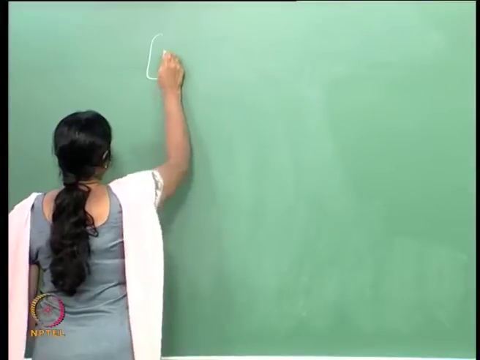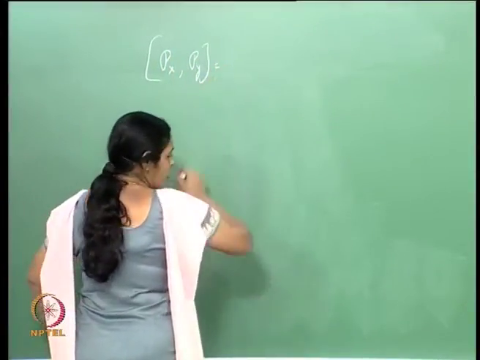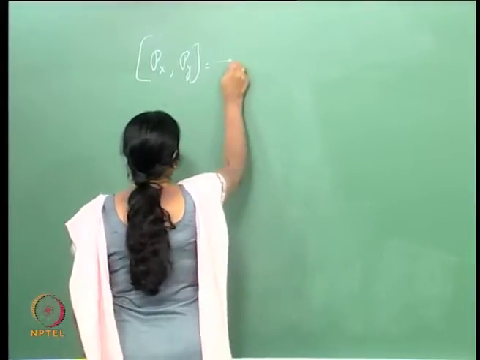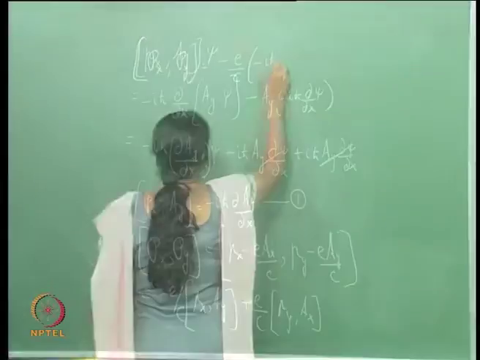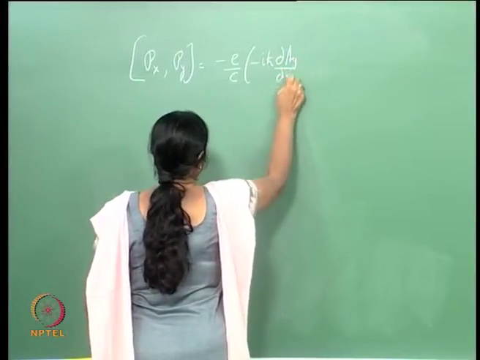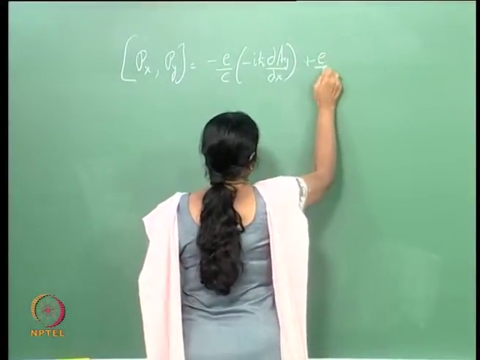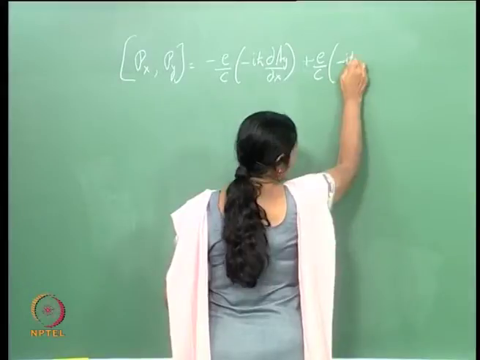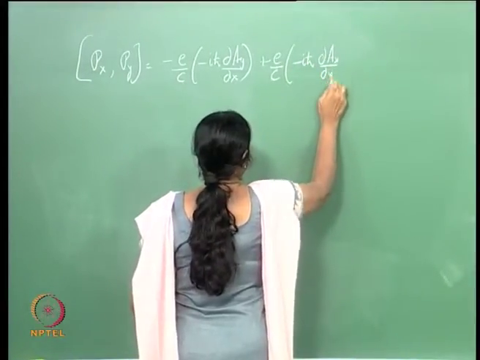I therefore have the commutator of Px with Py is minus e/c times minus iħ ∂Ay/∂x, that is the first term, plus e/c times minus iħ ∂Ax/∂y.